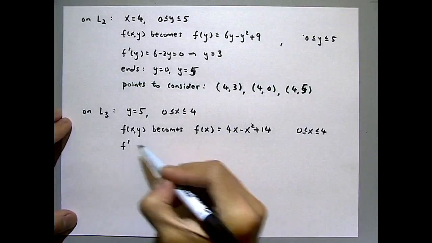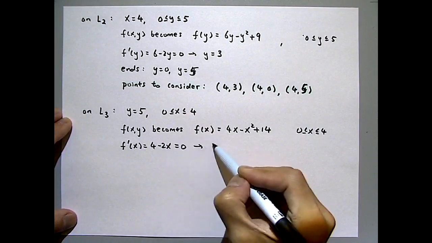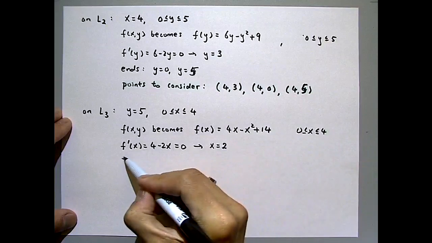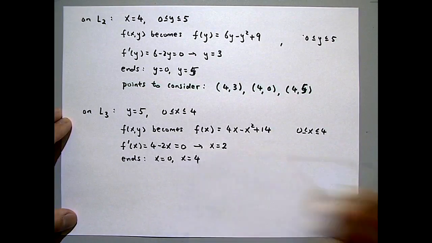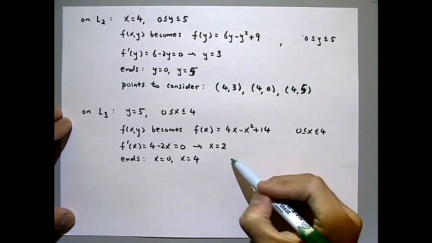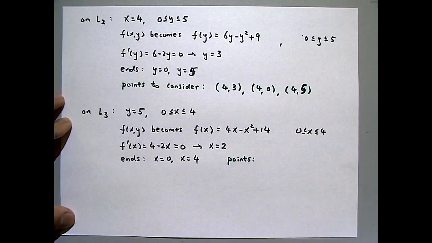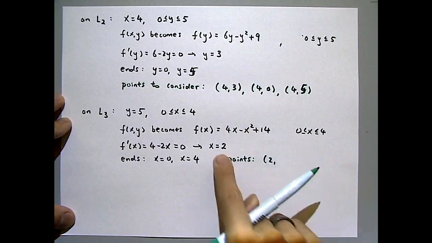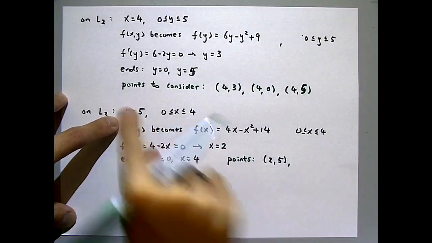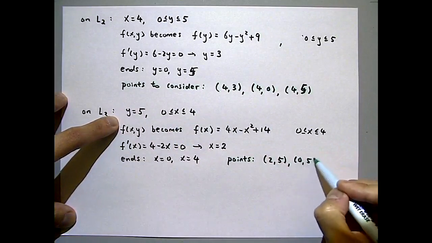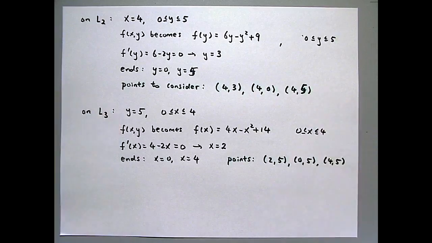We find a critical number, 4 minus 2x equal to 0. This is x is equal to 2, and the ends are x is equal to 0, x is equal to 4. Our collection of potential locations are 2, 5, and then 0, 5, 4, 5. That's duplicating what we already have. Fine, no problem there.